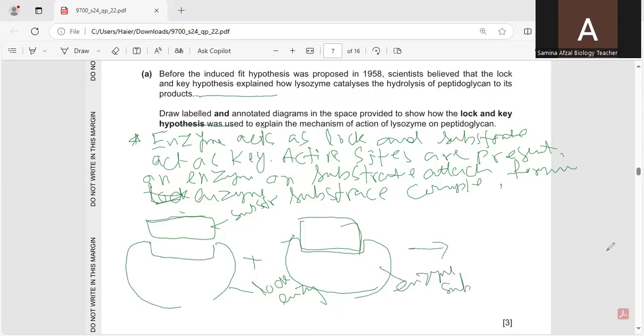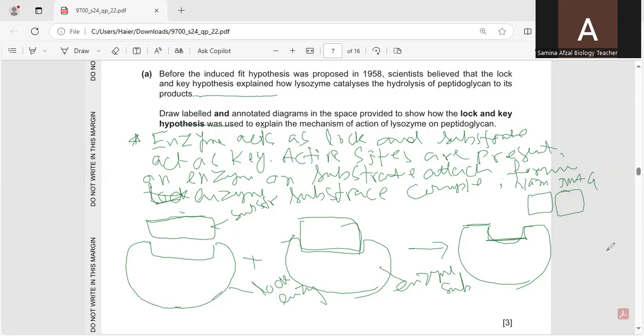So at the end of the reaction, what will happen? The enzyme will remain behind, and there will be two products, one is NAM and the other product NAG.